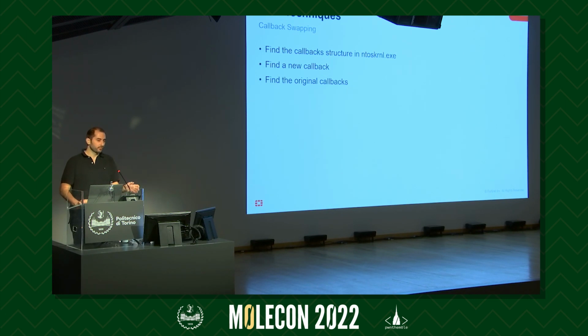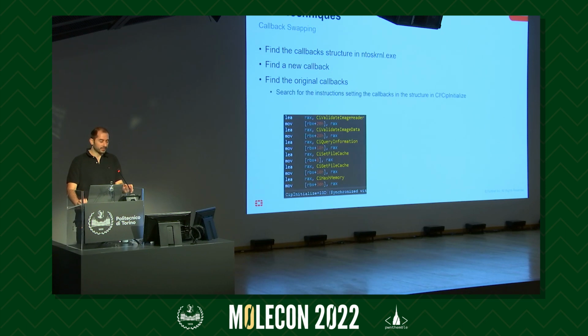Once we did that, we need to find the original callbacks in user space again, so we can avoid the kernel reads. Basically, we can find the pattern of instructions that initialize the callback in the CI initialize function. And once we did that and we look at the LEA instructions, we can verify these offsets are for functions.